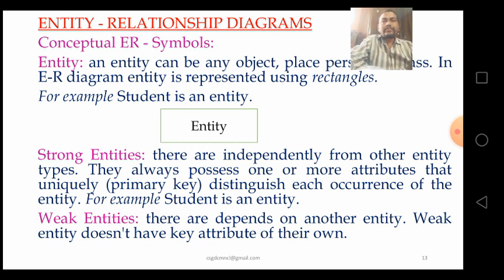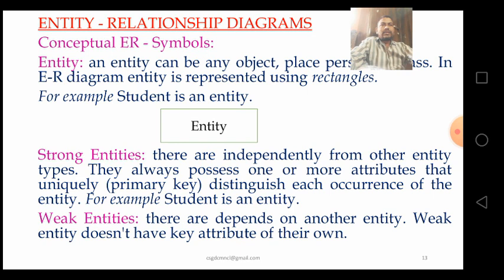Next, how to design and draw the relationship diagrams, and what symbols are used in entity relationship diagrams, we discuss now. Conceptual entity relationship symbols. Entity. An entity can be any object, place, person or class.